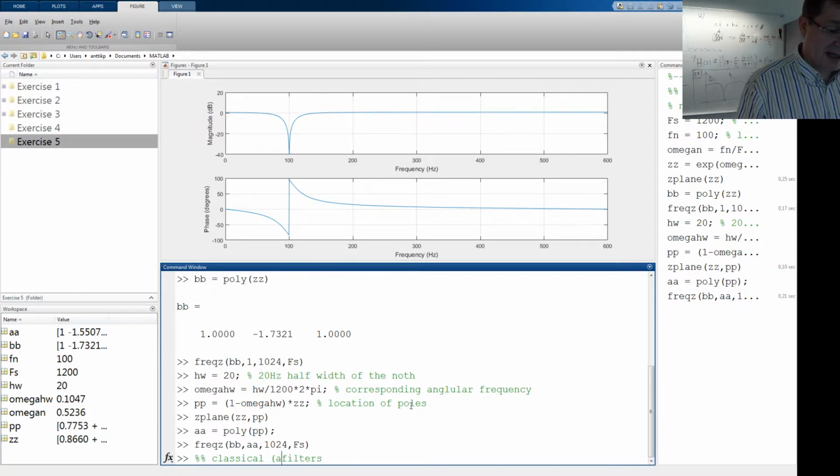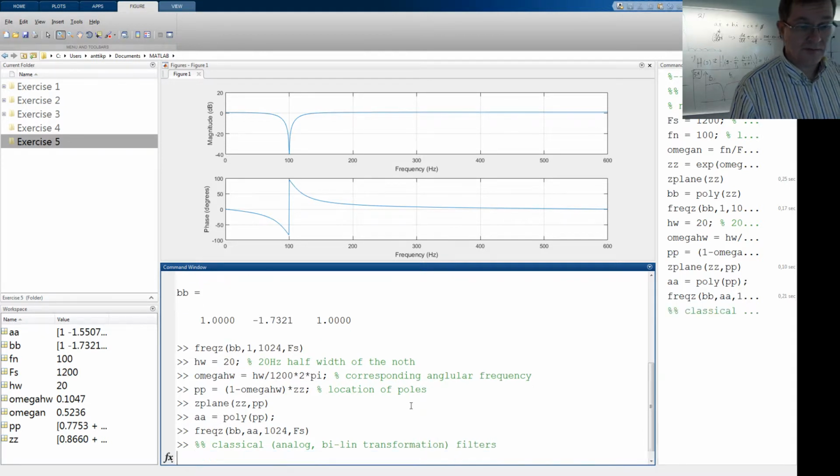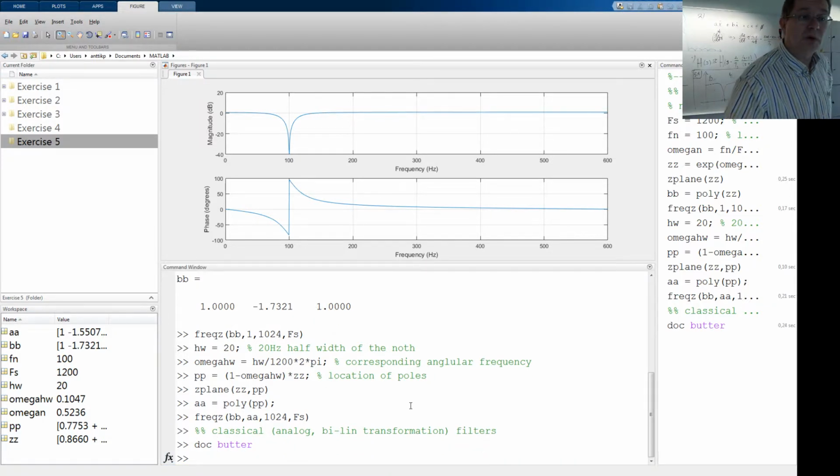These are basically analog filters and then, by linear transformation, made digital. Let's take a look at the documentation of butter, for example.